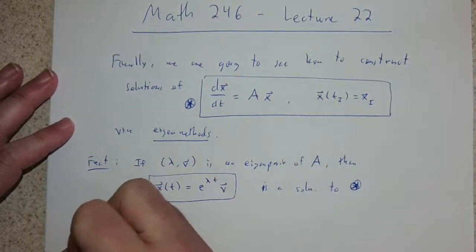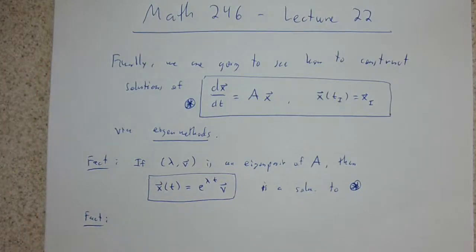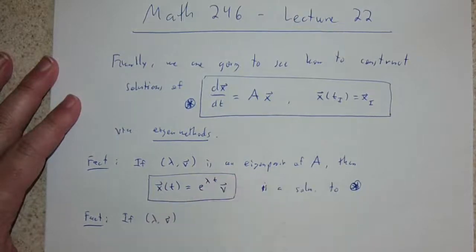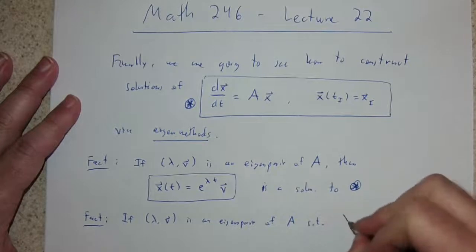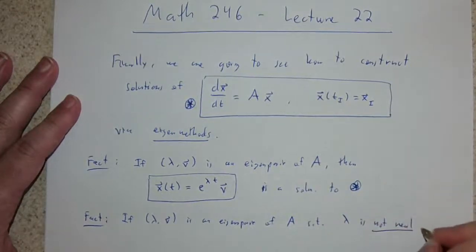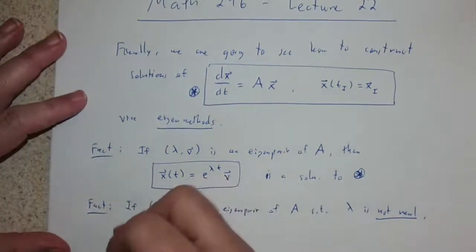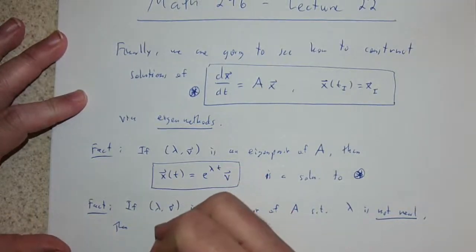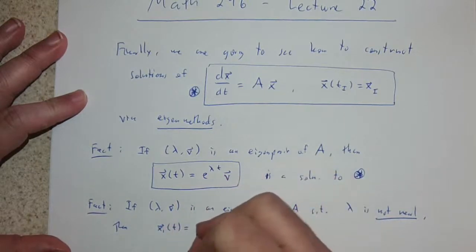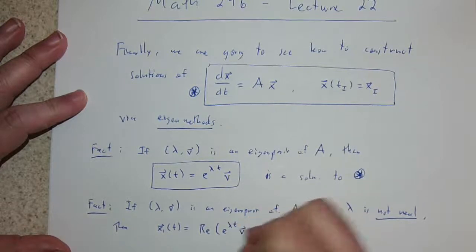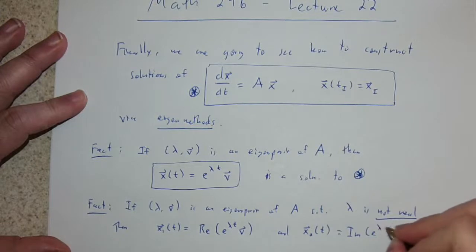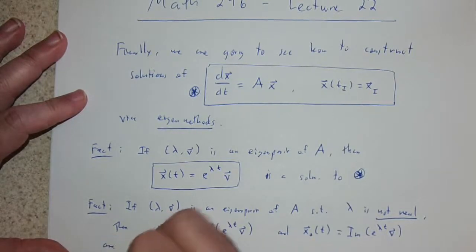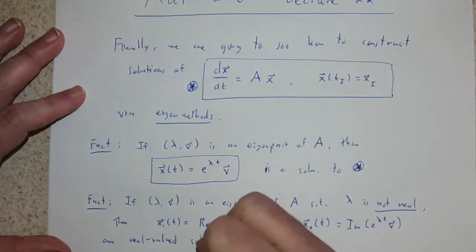So in fact, if lambda, v is an eigenpair of A such that lambda is not real, then x1 of t, which is defined to be the real part of e to the lambda t v, and x2 of t, which is defined to be the imaginary part of e to the lambda t times v, both of these are real valued solutions to star.